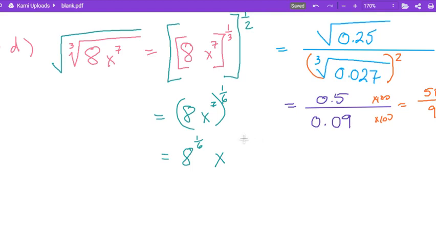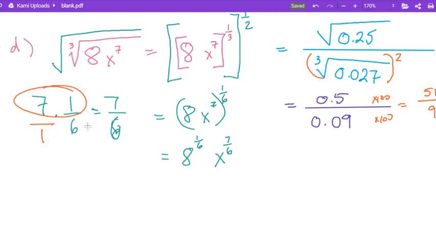What do you think? You got it. 7 over 6. Right? 7 times 1 over 6 is just 7 over 6. But if you're not sure how to multiply a fraction and an integer, you can always make the 7 into a fraction, like 7 over 1, and then you multiply the numerators and you multiply the denominators.